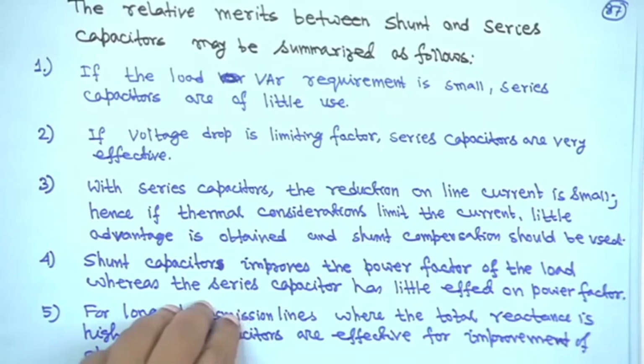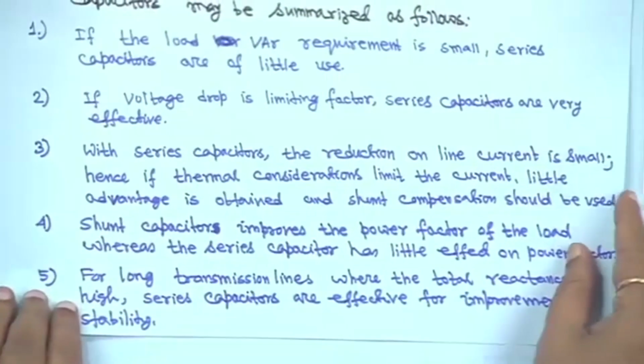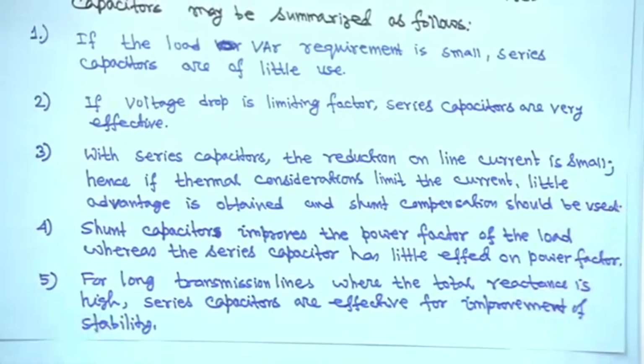With series capacitor, the reduction in line current is small, right. Hence when you connect the series capacitor, it is XL minus XC, but ultimately it is R plus j(XL minus XC). When you connect a series capacitor, you have to consider many other design parameters, like resonance, for one.